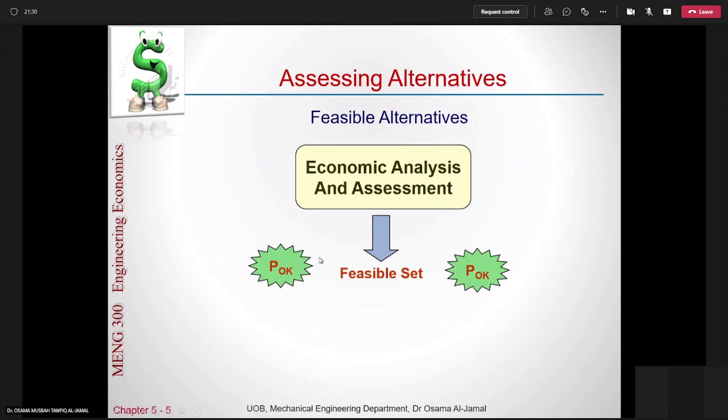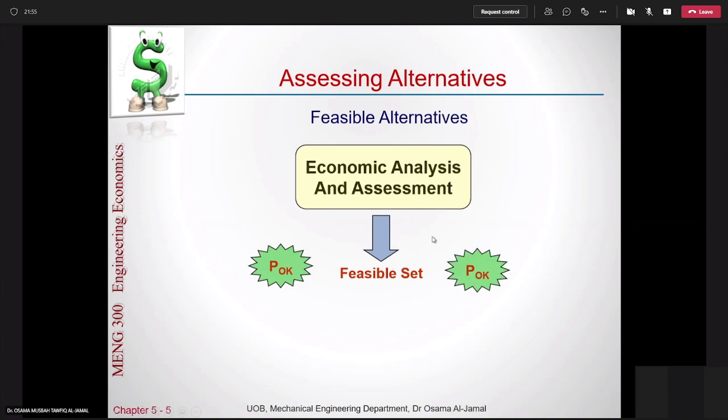So either calculate the present worth or the future worth. If they are investment projects, we are going to keep those feasible with a positive value. Anything negative, exclude it directly.